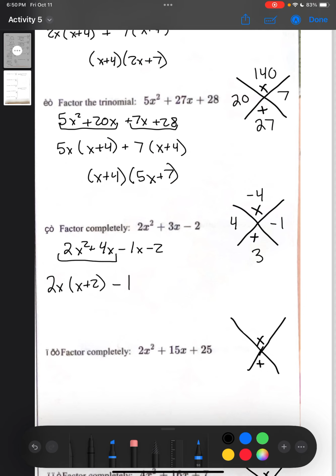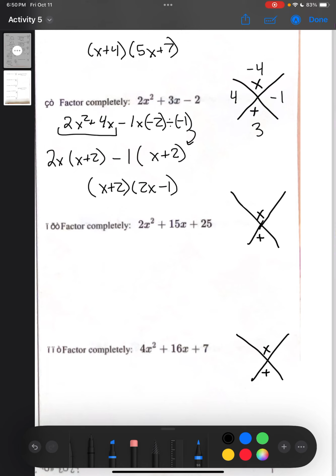Then we bring out that negative 1, which you'll see also becomes a positive 2 because we are dividing this negative 2 by negative 1. So that's why this becomes positive. And through that, we get x plus 2 times 2x minus 1.